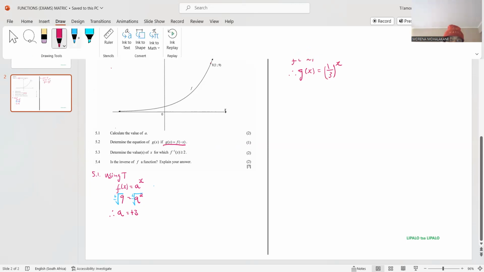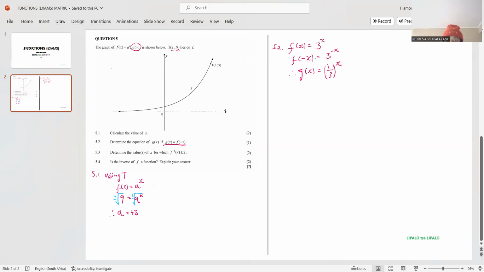Let's break down a few things here. So yeah, this thing here, it's a reflection. That's a reflection. So they can ask you this question in different ways. They can say g is a reflection along the vertical axis.